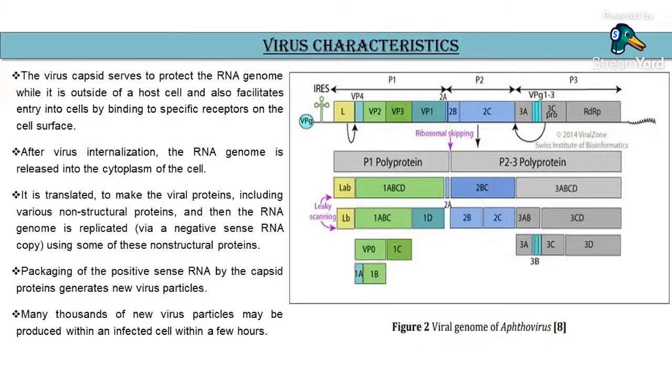Many thousands of virus particles are produced inside an infected cell within a few hours. So there is the viral multiplicity of the virus. Within a few hours, it gets multiplied.